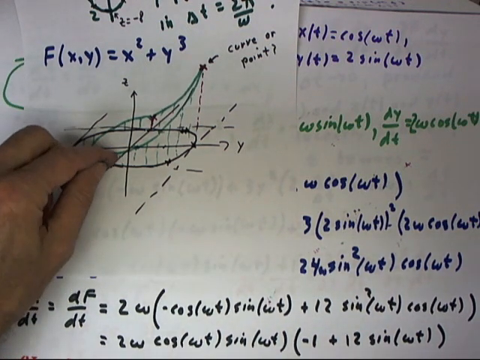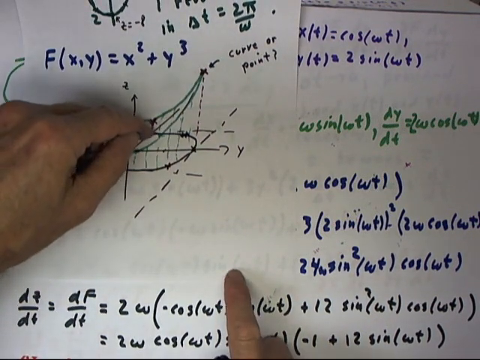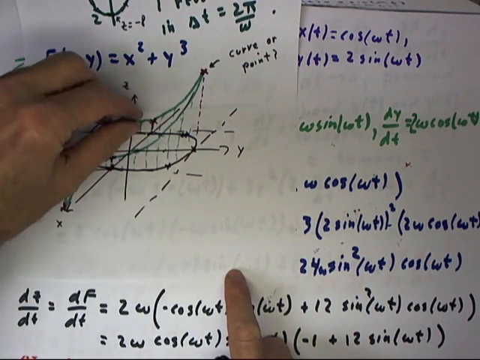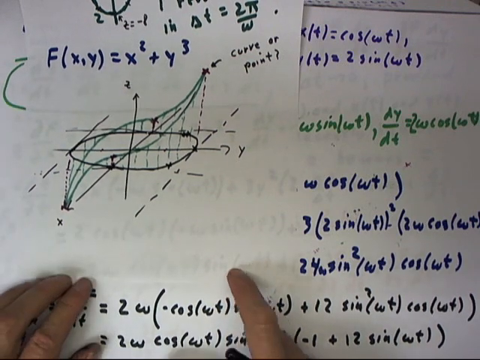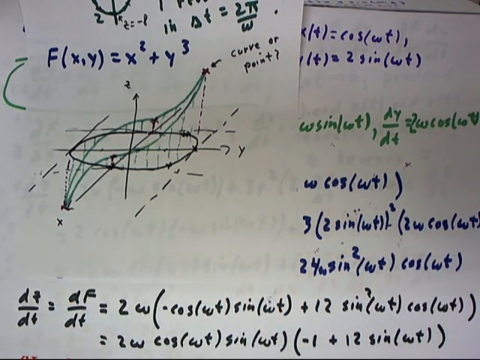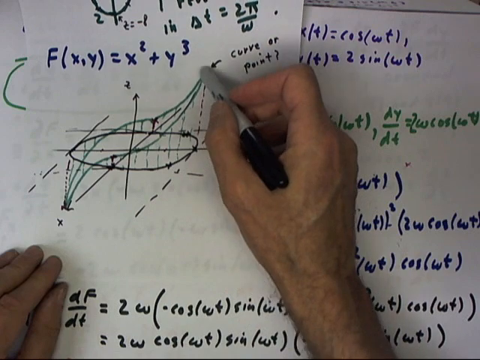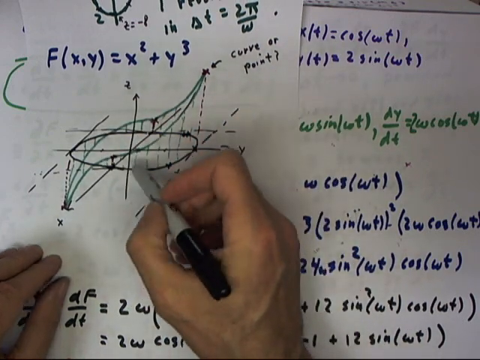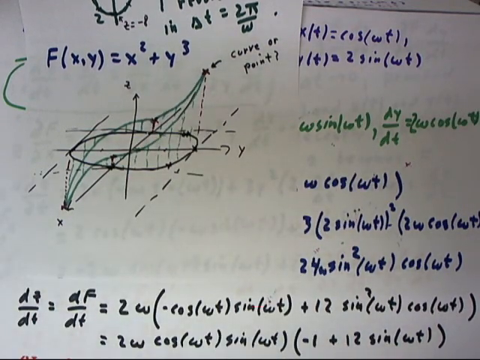So at this point of the curve, the point directly above the x-axis along the minor axis, and the point along the major axis on the curve, we're going to have 0 derivative, which means that an object traveling along in time is not going to be rising or falling at this point, this point, this point, or this point.